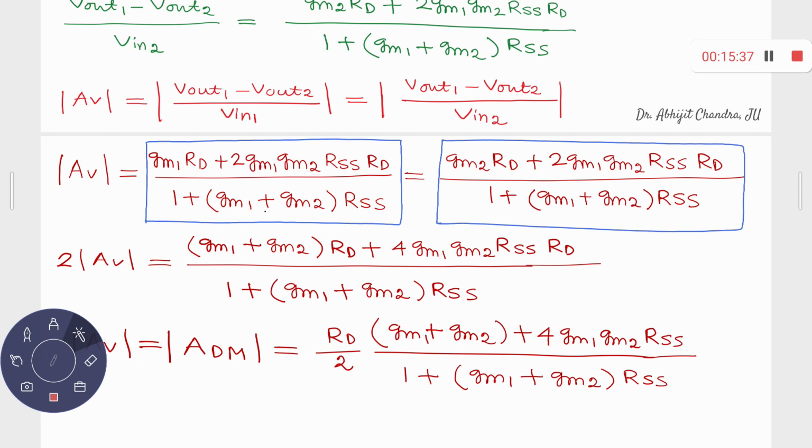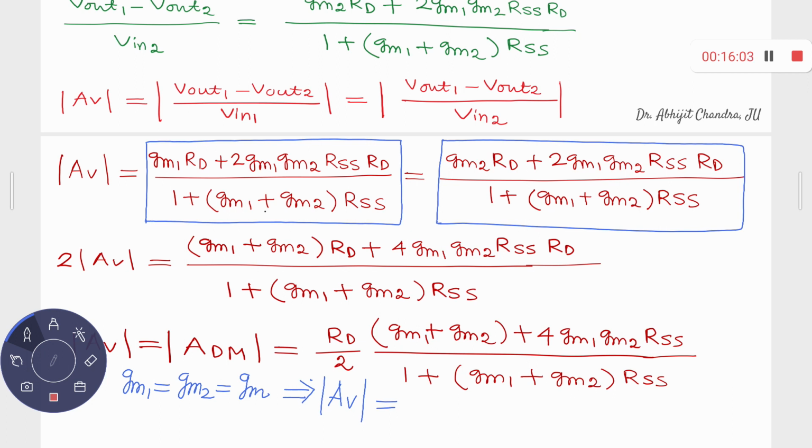That is the differential mode gain, with GM1 not equal to GM2. Now, once again, I have to consider, in this expression, let GM1 is equal to GM2 is equal to GM. Let's assume that these two are same. Then obviously you will reach the same expression that you have already got. Mod AP is equal to this, although that time RSS was not there.